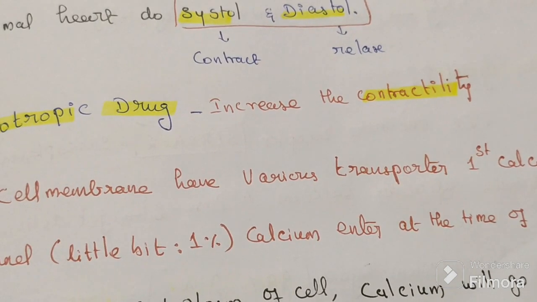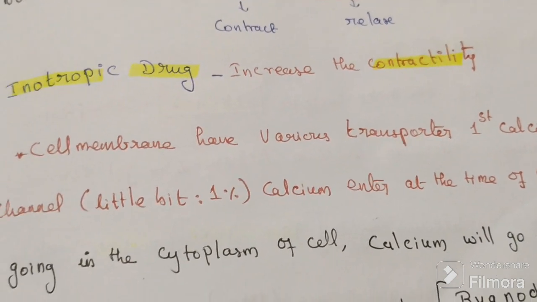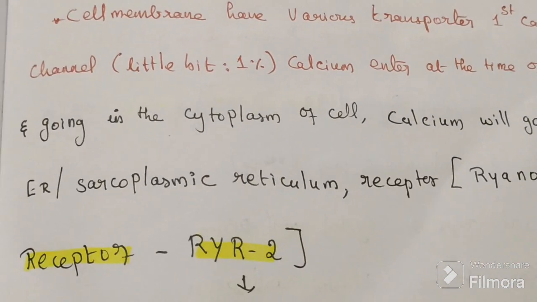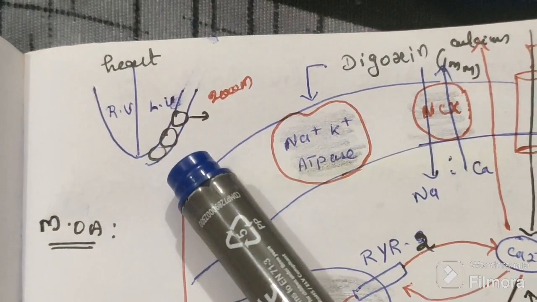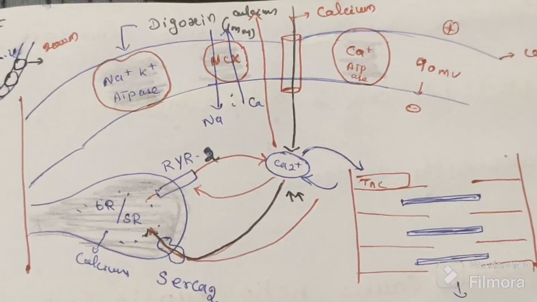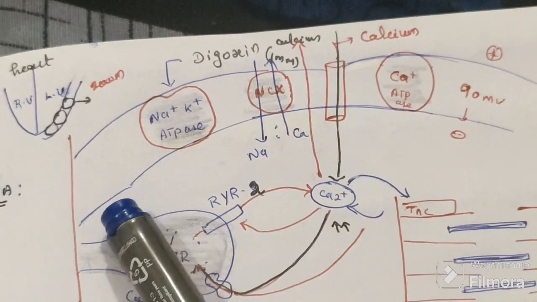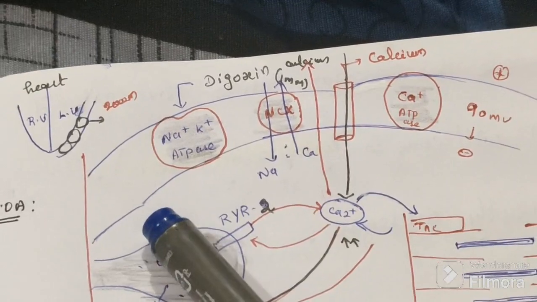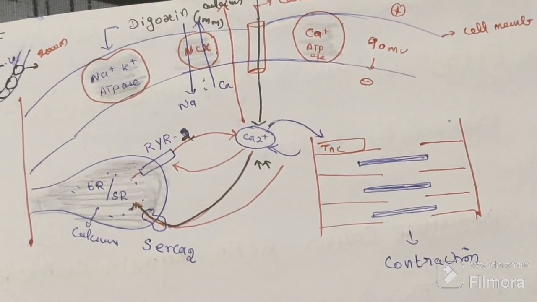How do systole and diastole normally take place? The left ventricle has cells. This is the zoomed version of these cells. This is the cell membrane of the cells present on the heart, the wall of the left ventricle.